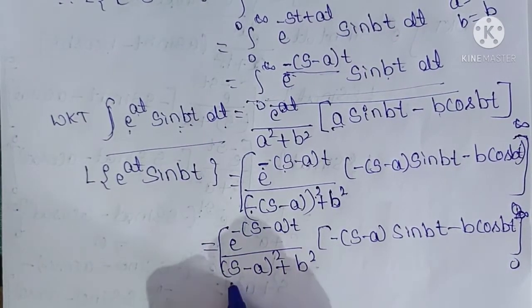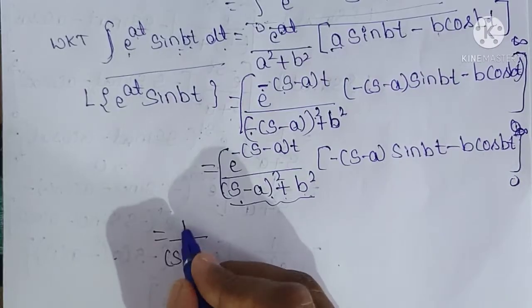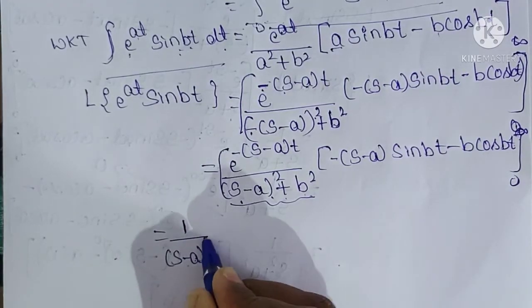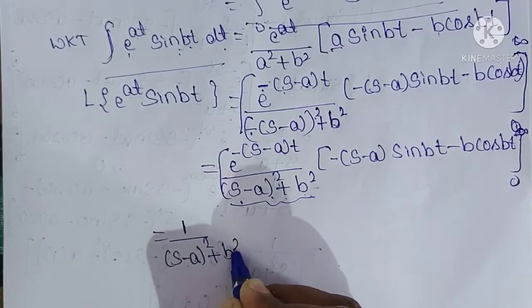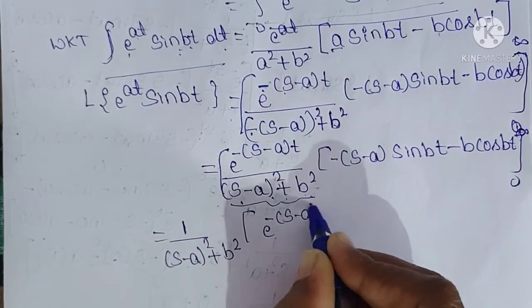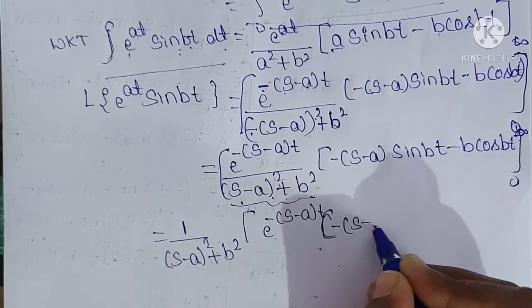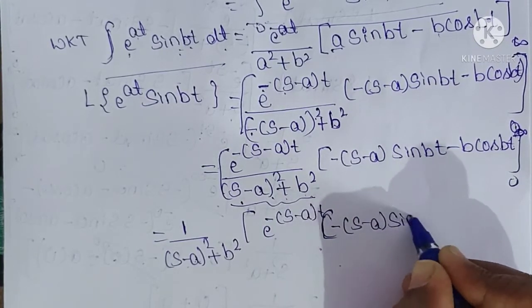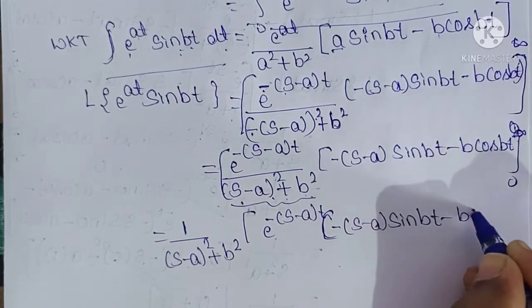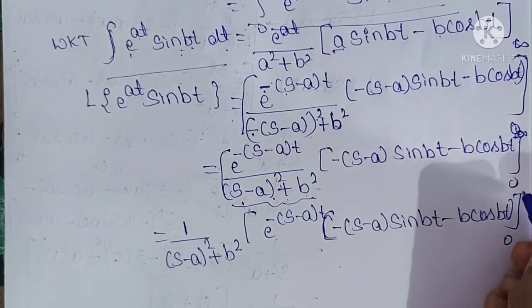This implies here s minus a whole square plus b square is constant. You take it out, that is 1 divided by s minus a whole square plus b square. Remaining term is e power minus s minus a of t, minus s minus a sin bt minus b cos bt, limits 0 to infinity.